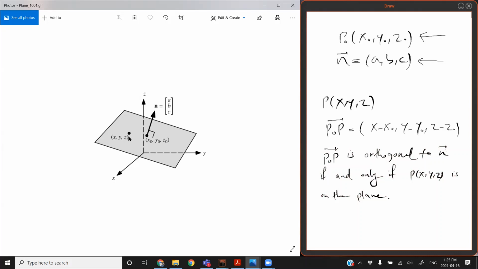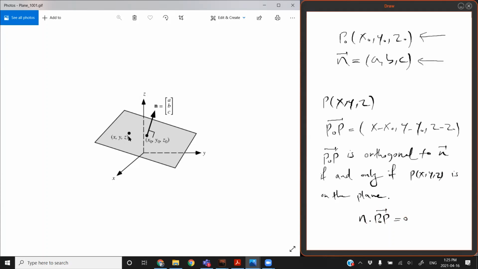Or I can say it the other way around: the point P, X, Y, Z is on the plane if and only if P0P and N are orthogonal. How do I write that down as a mathematical equation? Very easy. N times P0P, using the dot product, must be 0.